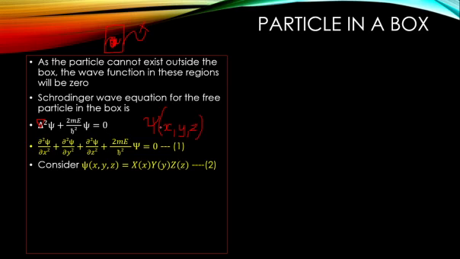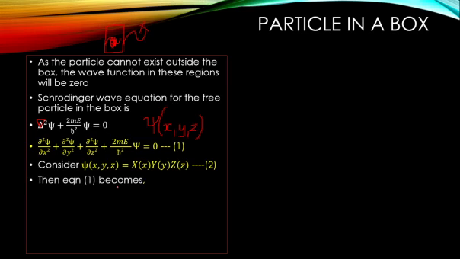So let us split up the wave function as a product of X, Y and Z, where the capital letters imply that X is the part of the wave function which depends only on the x direction, Y is the part of the wave function of the particle along the y direction, and capital Z depends upon the z direction.